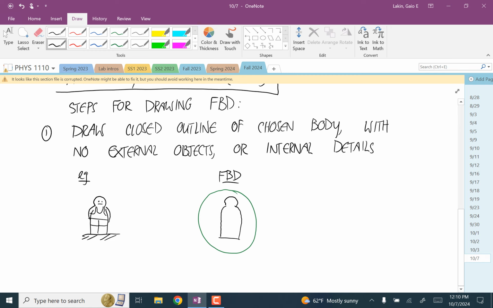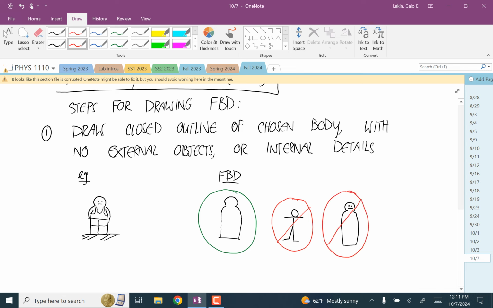Some things that aren't good free bodies are like this, because it's not an outline. It's not making a clear distinction between in and out. Or this, because all the stuff going on the face are internal details and we don't want that.